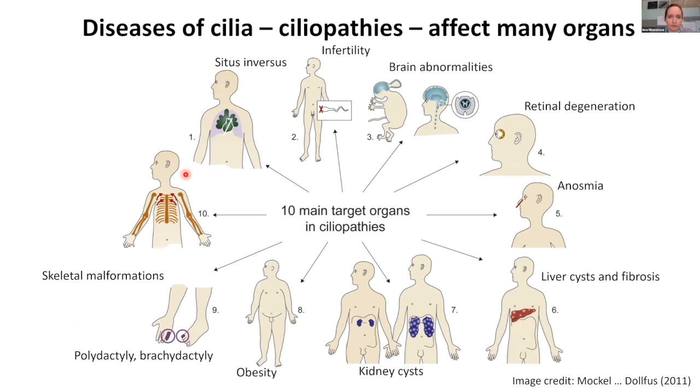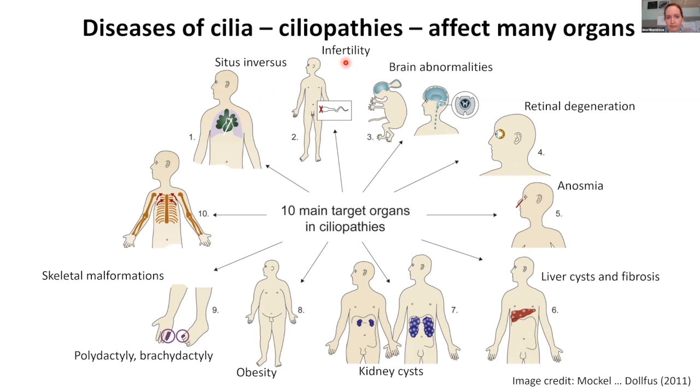And just to talk a little bit more about the cilium, to introduce how important it is: dysfunction of the cilia causes ciliopathies, diseases that affect many organs. Some of the examples are depicted here. It can be a complete inversion of the left and right axis, so your heart will be positioned not on the left but on the right side of the body.